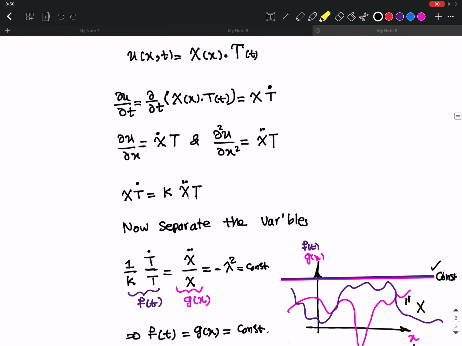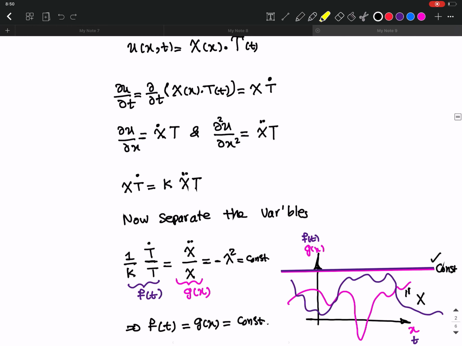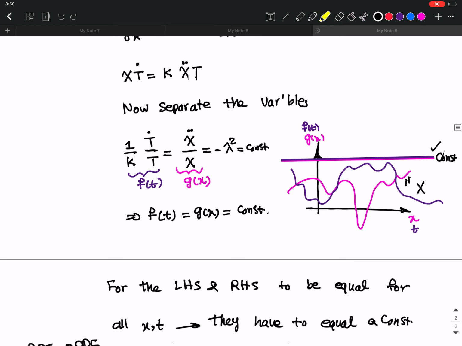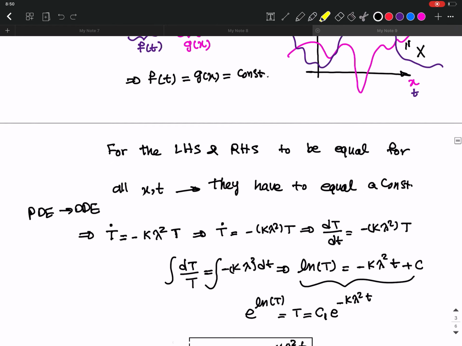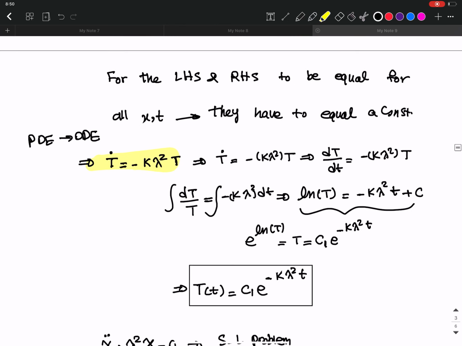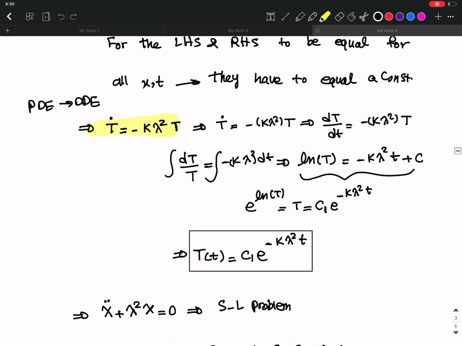And then what we did is we separated the variables into two parts, all the t's in one part and all the x's on the other part, and we showed that the only way these two functions, f of time and g of x, can be equal is if they both equal a constant, which we called minus lambda square. And then based on that, we got two equations, one for time, which we solved, and we found this is going to be the solution of it.